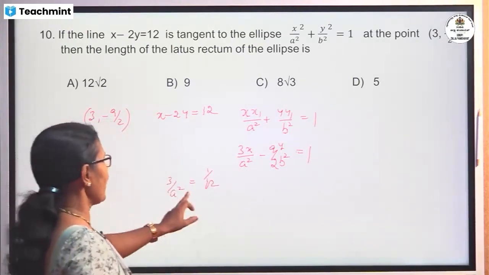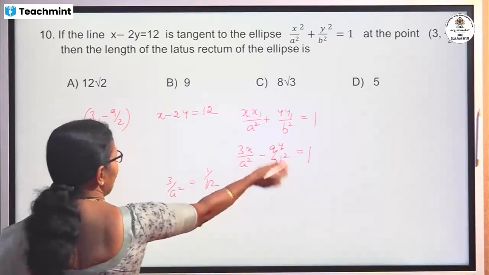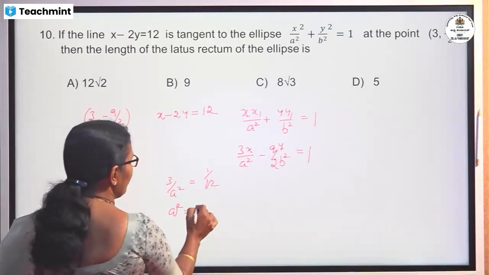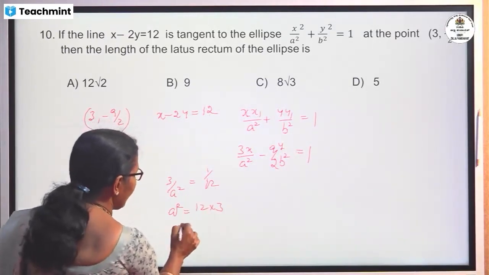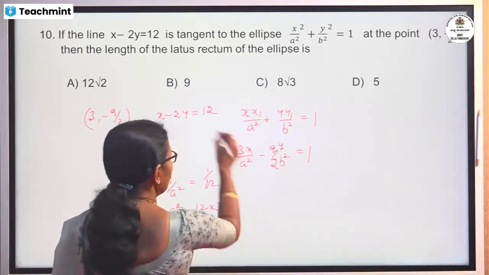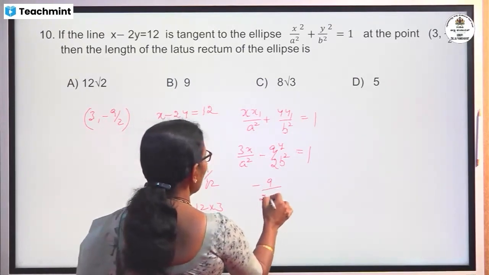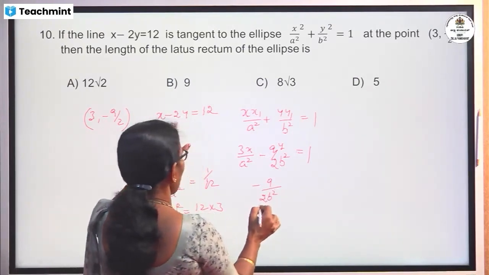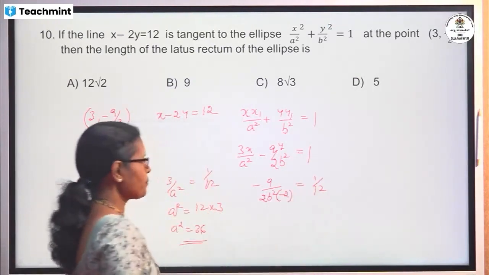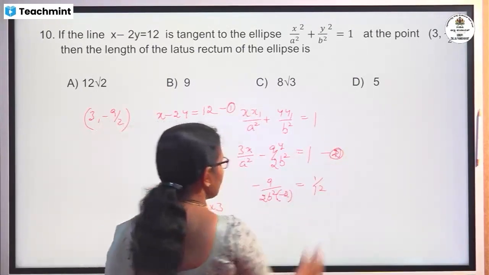So a square is equal to 12 into 3, then a square is equal to 36. Now comparing the coefficient of y, minus 9 divided by 2b square into minus 2 is equal to 1 by 12, from equations 1 and 2.